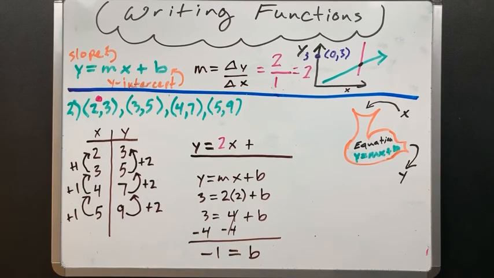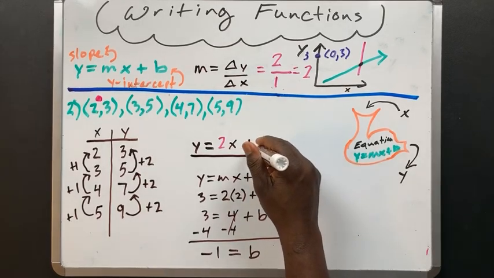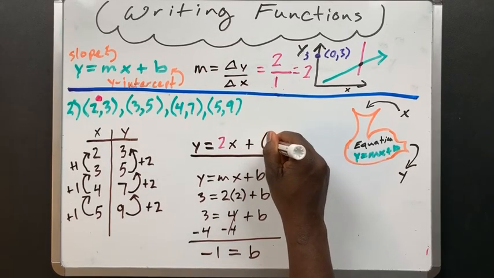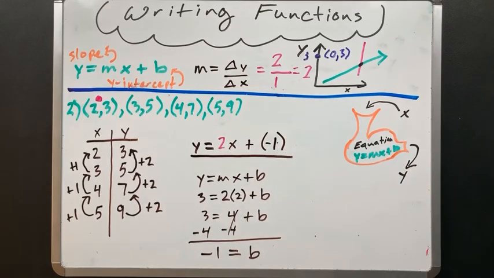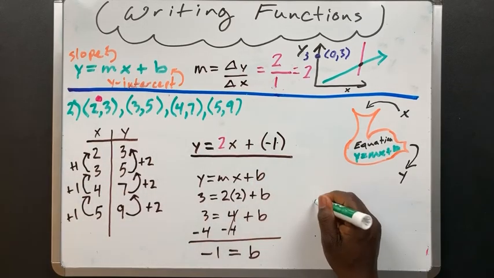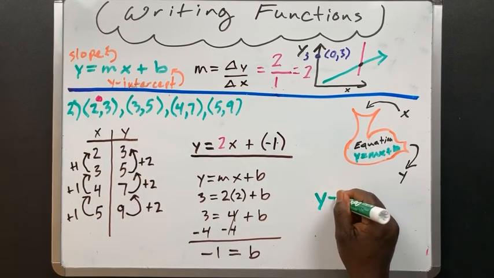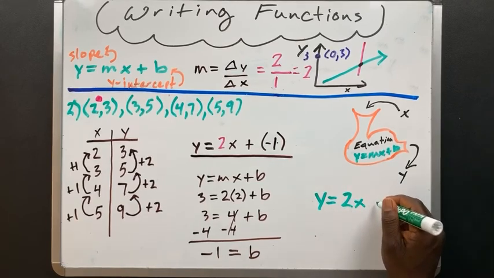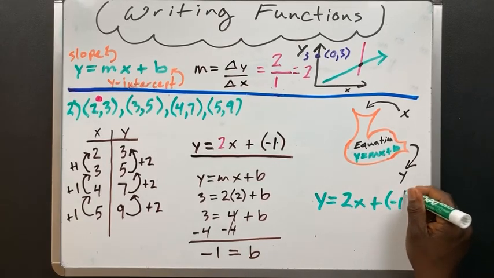We found the slope, but we're not done yet. We're going to write our final answer. We know what the slope is. We found our y-intercept, which is b. b equals negative 1, so we can put plus a negative 1. And then we're going to write our final answer of the function that represents this set of points. You can write it as y equals 2 times x plus negative 1.